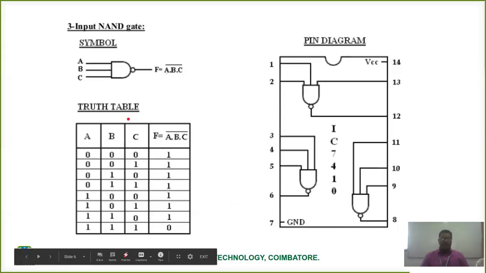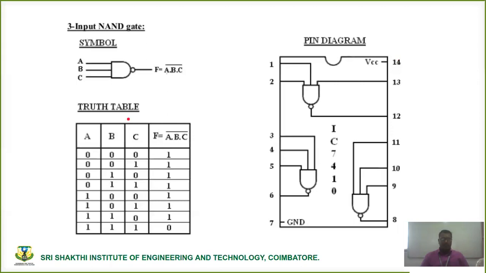Okay, so if you come to the truth table, it's a 3 input, and the output will be (A dot B dot C) bar, NAND gate, right? So 0, 0, 0, my output will be 1. 0, 0, 1, my output will be 1, right?